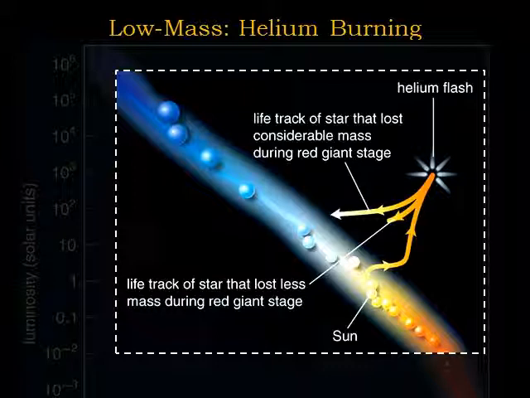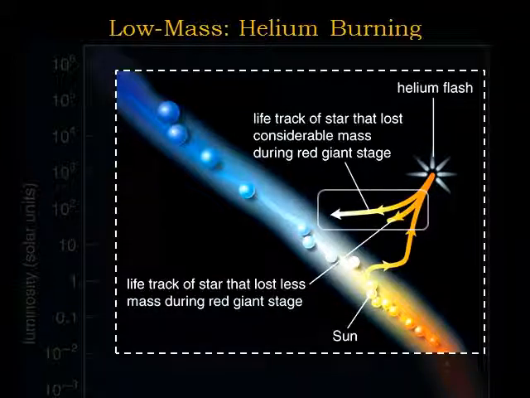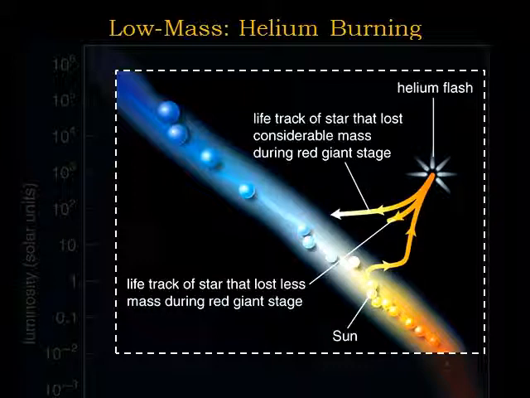Therefore, these stars all have about the same luminosity. The outer layers of these stars can have different masses depending on how much mass they expelled through their stellar winds. Stars that expelled more mass end up with smaller radii and higher surface temperatures, and hence are farther to the left on the HR diagram. Stars that lost less mass are cooler and to the right.